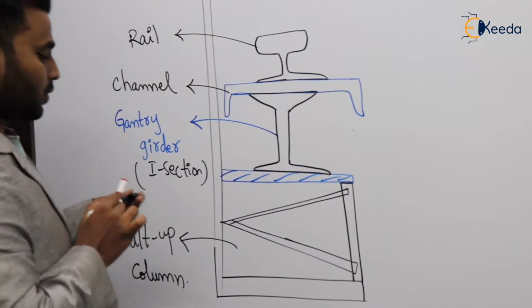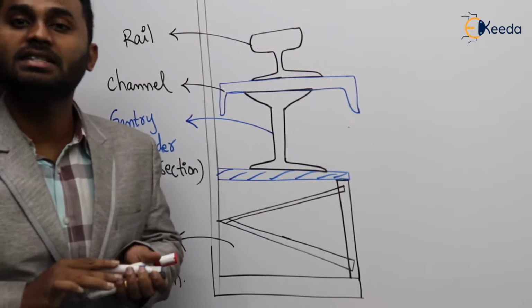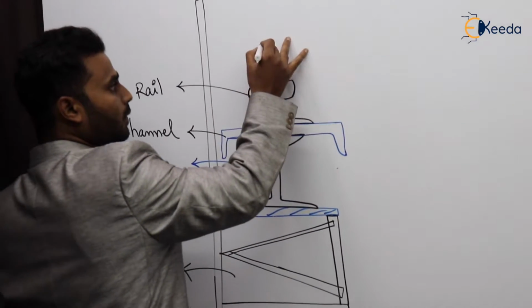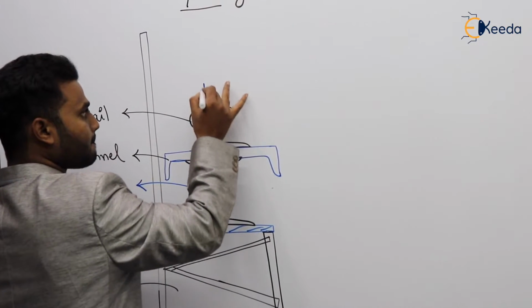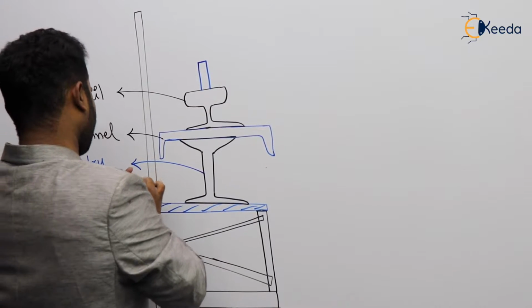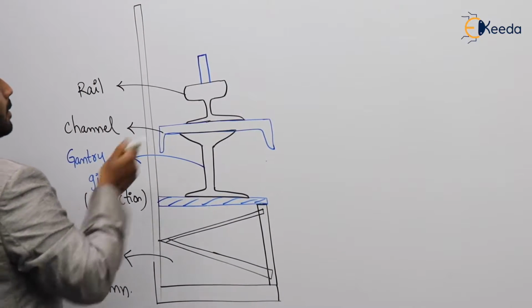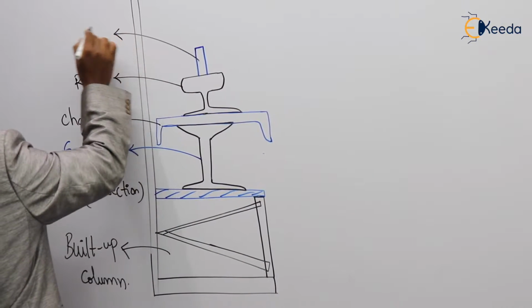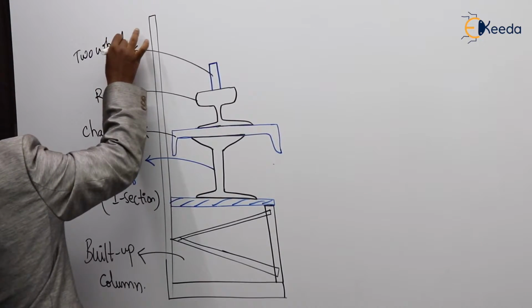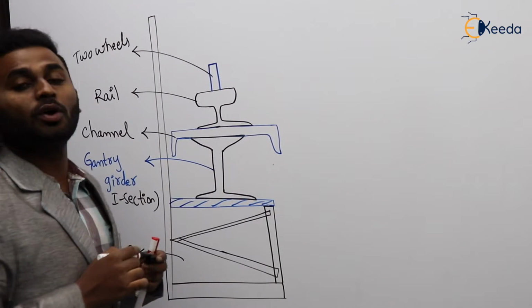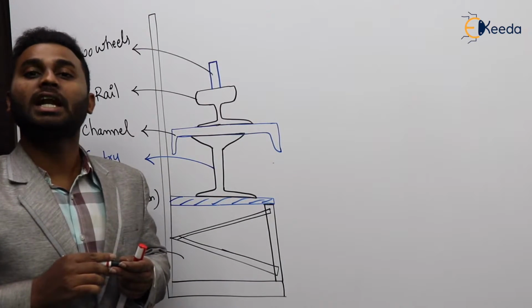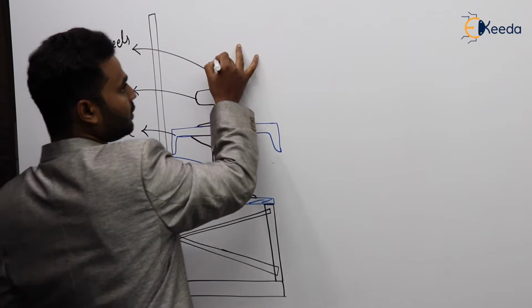On the top of the rail, there exist two wheels. On these wheels, we are going to place a truss, a bridge truss or crane truss. So like this.